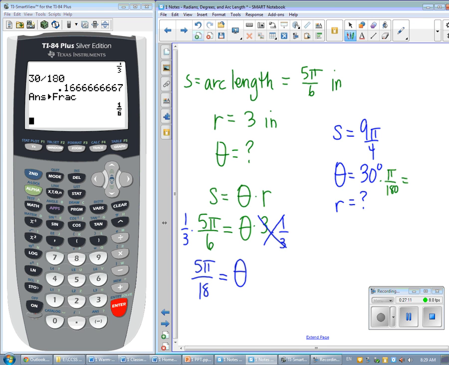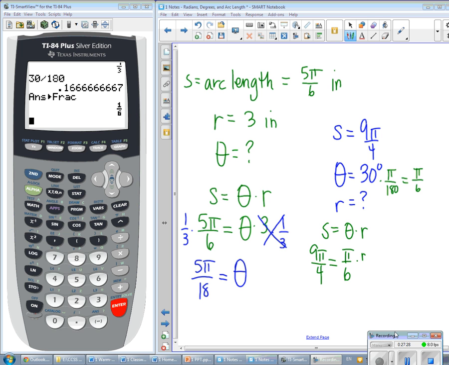And 30 over 180, we already did this one, is going to be pi over 6. And so if I know, again, that S is equal to theta times R, if I plug in what I know, 9 pi over 4 is equivalent to pi over 6 times R. And if I'm trying to solve for R, then I need to get rid of the pi over 6. So I can divide both sides by pi over 6, or I can remember that when I divide by a fraction, it's the same as multiplying by the reciprocal.